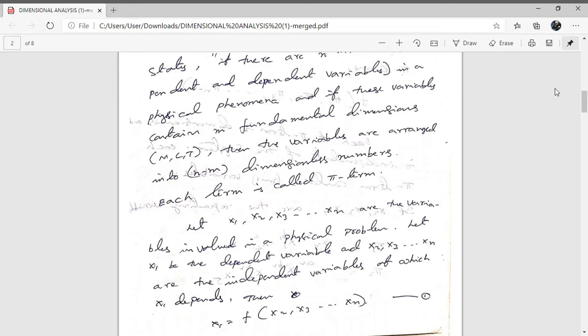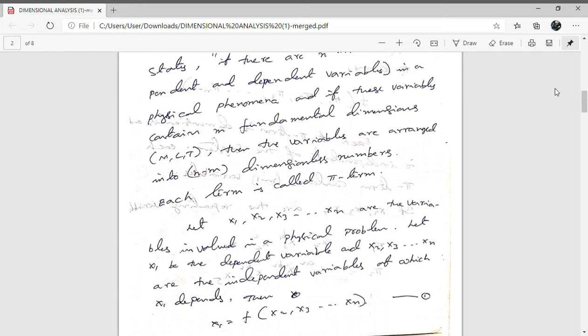Coming to Buckingham Pi theorem, there is a problem. There are n number of variables, x1, x2, x3 up to xn. These are all variables in a particular physical problem. Since there are n variables, some are dependent variables and some are independent variables.